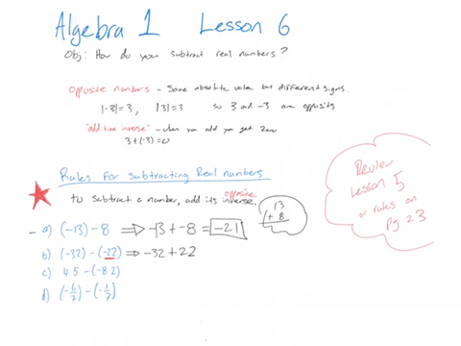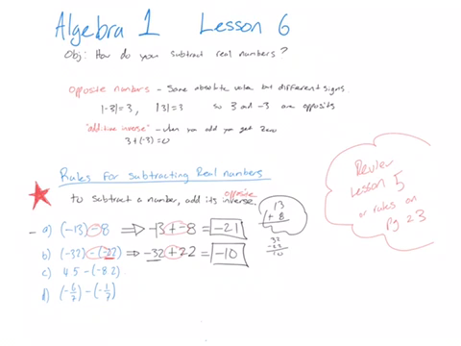These have different signs, so I'm going to subtract them. 32 minus 22 gives me 10. And keep the sign of the bigger one, since 32 is bigger. I'm going to say -10. So hopefully you're catching on to what's going on between here and here and here and here.